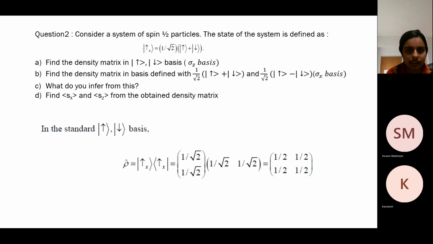So what you have to do is see here. These basis vectors are written as linear superpositions of the initial basis vectors, right? So that means you can write your new basis vectors in terms of the old basis vectors. That's how this is being done. And you know the density matrix in the old basis, correct?